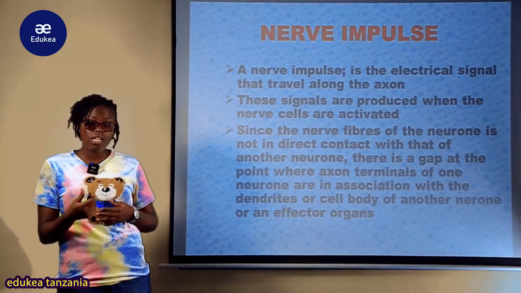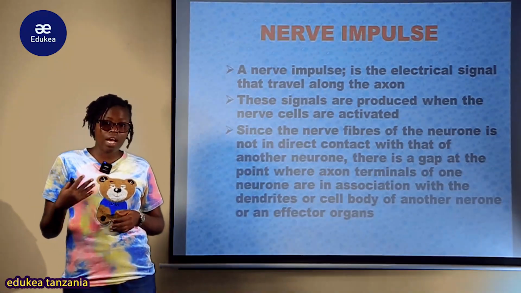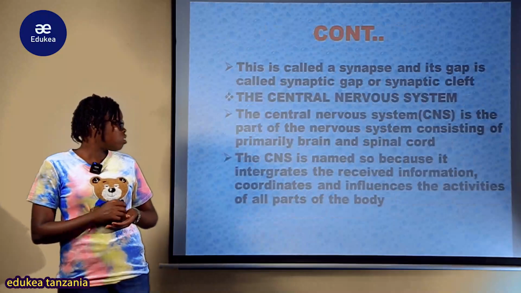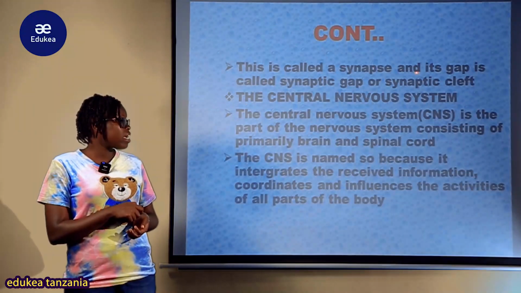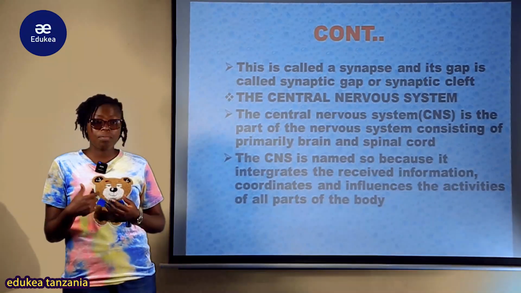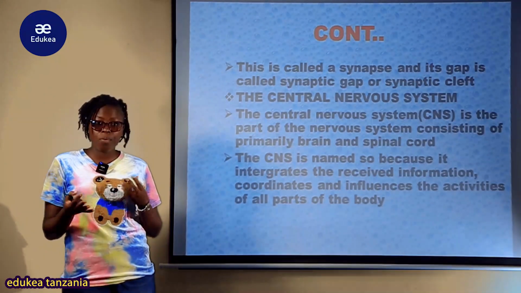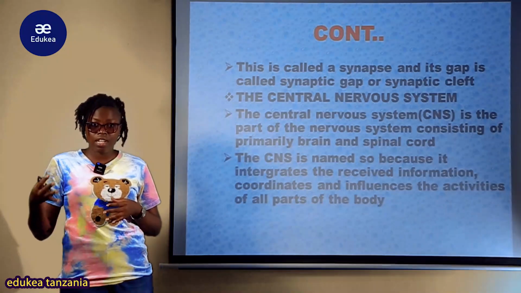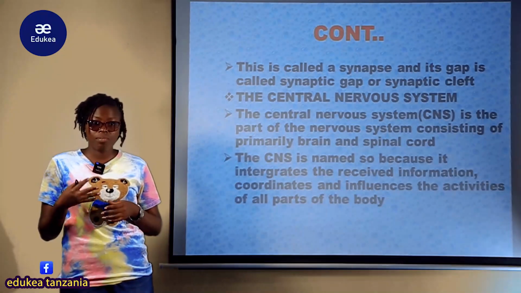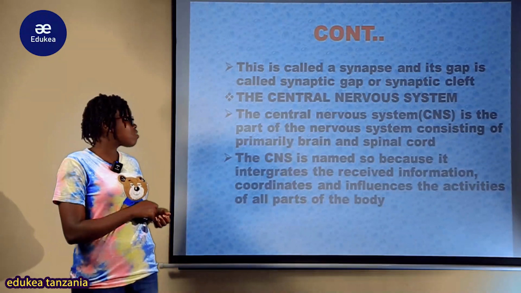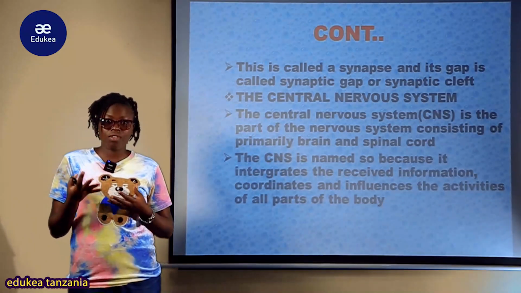Baada ya cell body ina be carried by the axon kwenda katika central nervous system. So this is called a synapse, and this gap is called a synaptic gap or synaptic cleft. Ile small gap ambayo imetenganisha one neuron and another neuron, dendrite of one neuron and another, inakuwa inaitwa synaptic gap or synaptic cleft. So let us discuss the central nervous system.